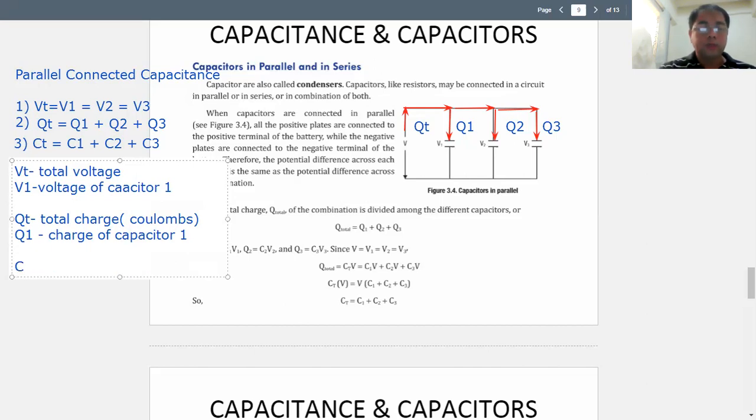Next, our C sub T is our total capacitance, and the capacitance is in farad. And C sub 1 is, of course, your capacitance of capacitor 1.